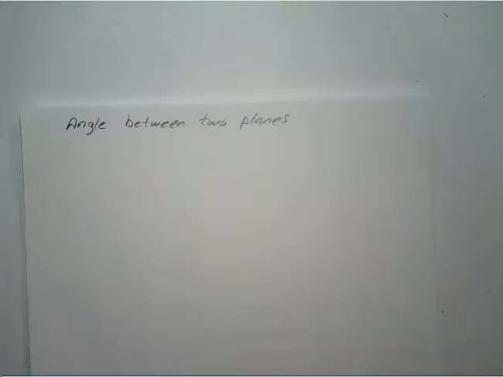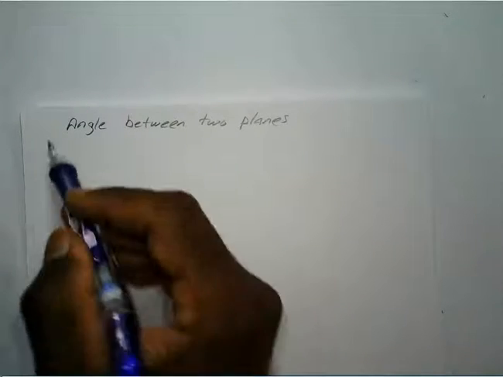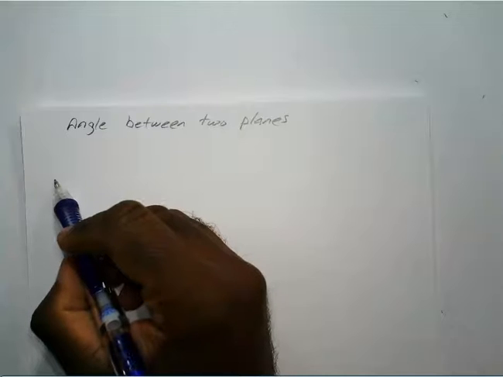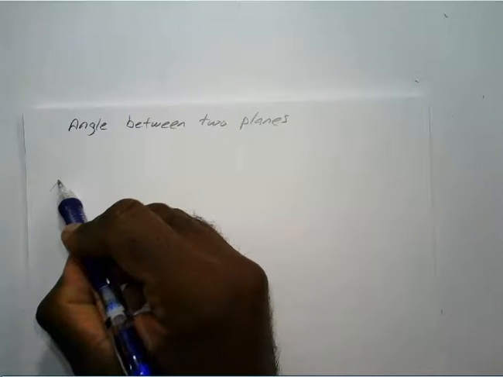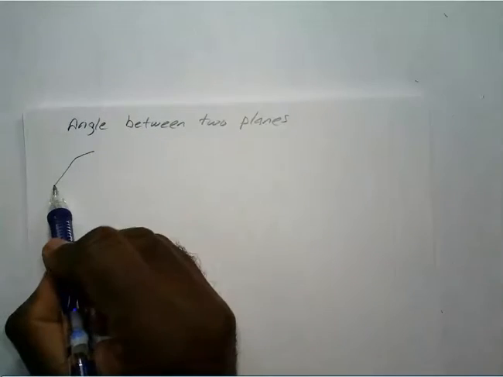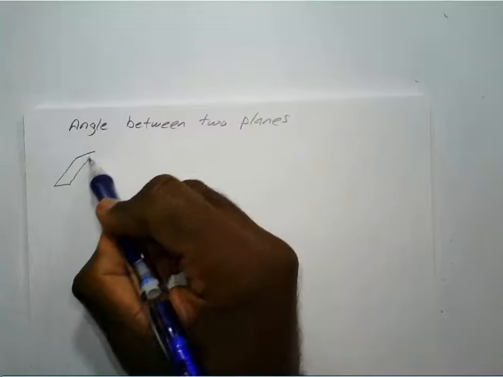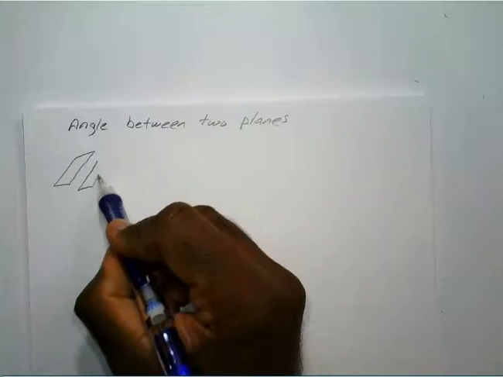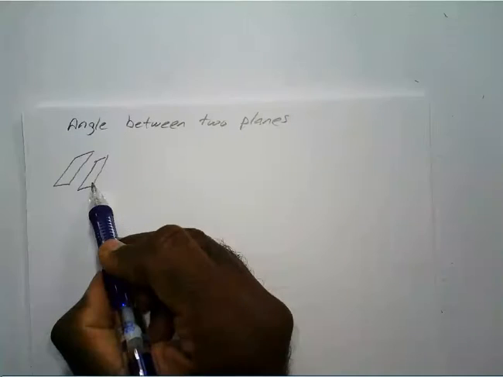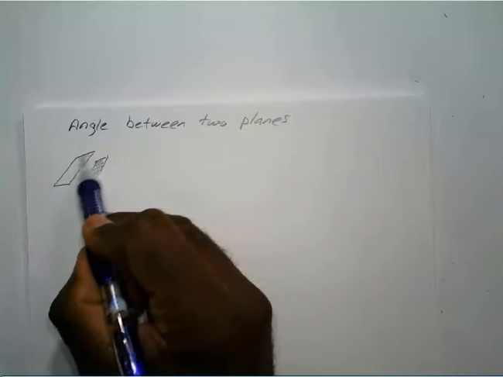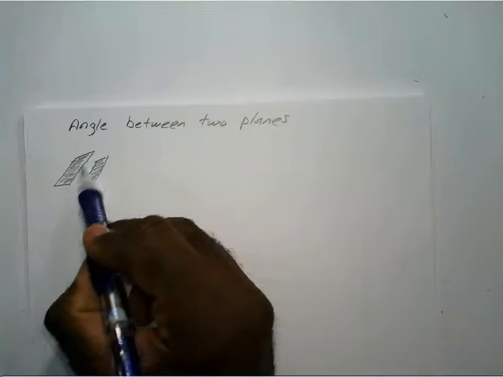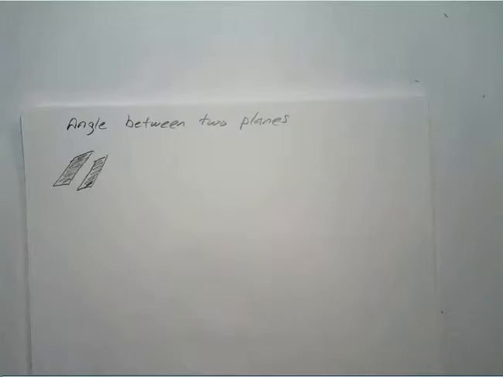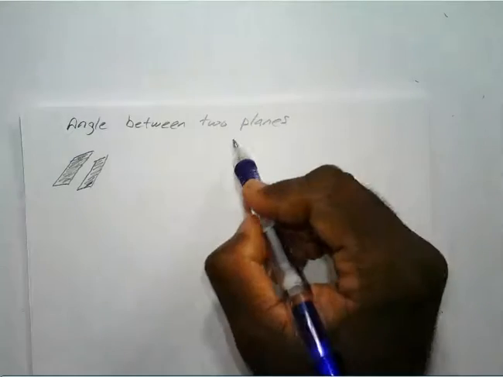Okay, so instead of two planes, let's say if we have two planes here that are parallel, and we block that off.